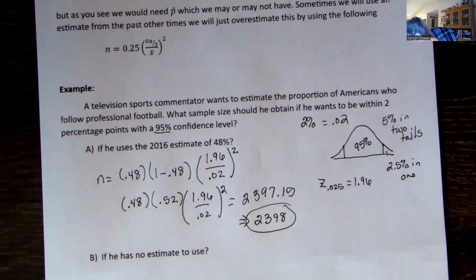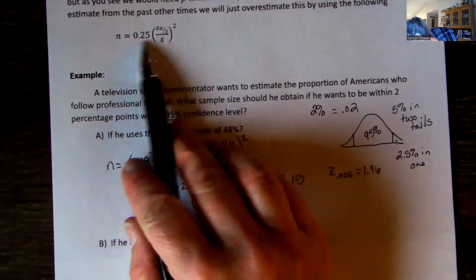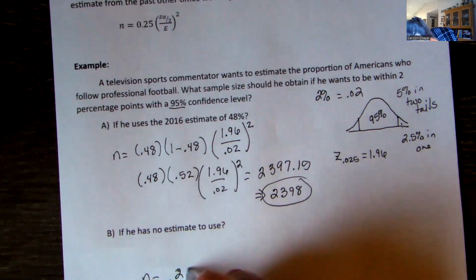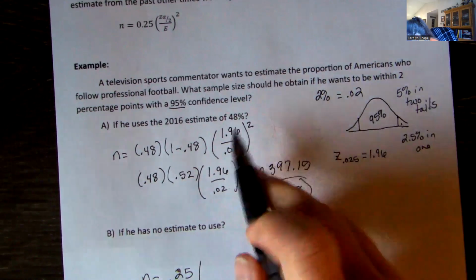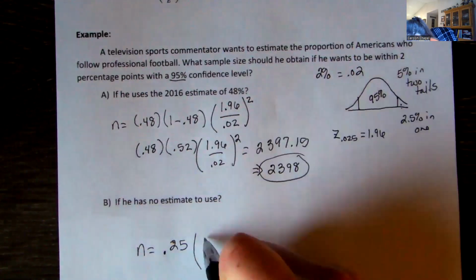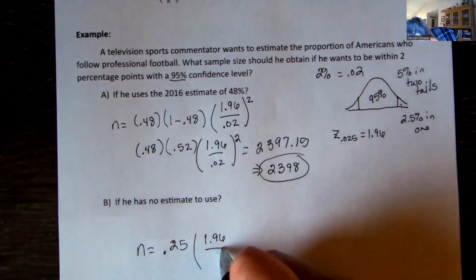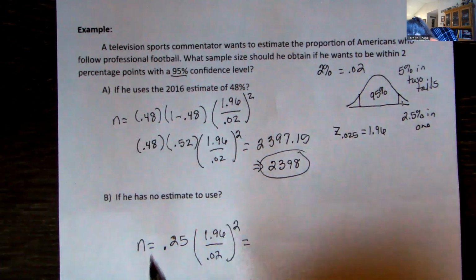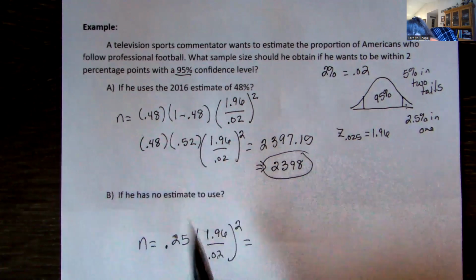Okay. If you didn't have this 48%, or we didn't have any number to go with, that's when we use this second formula. So we'll have that 0.25. Again, it's that z alpha over 2 based on the 95%, still going to be my 1.96. We still want to be within 2%. So the only thing that changed was this piece up front.